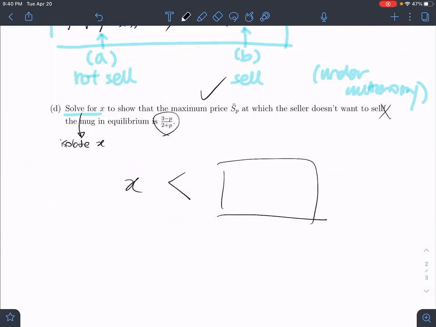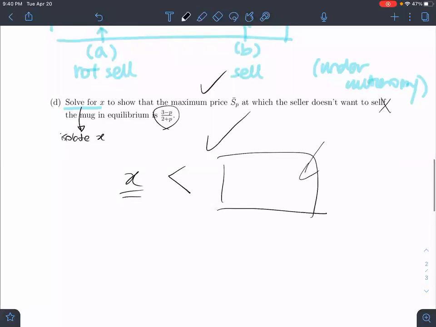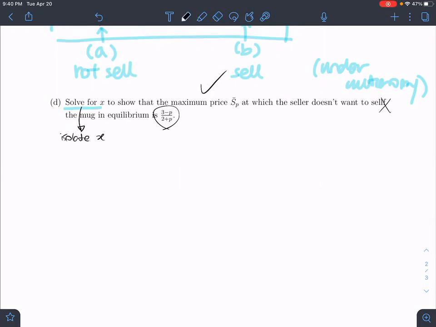Our answer is going to look like this. So x cannot go beyond this value. If we reach the final answer, it will look like x is less than (3 minus p) over (2 plus p). So this is our SP bar. So let's see if it happens.